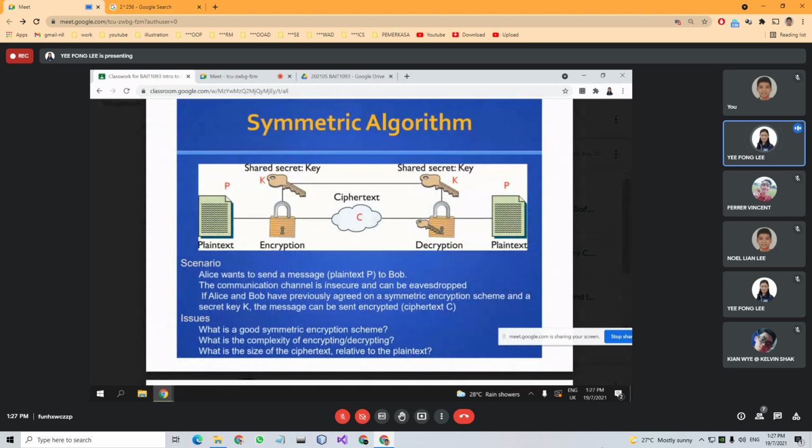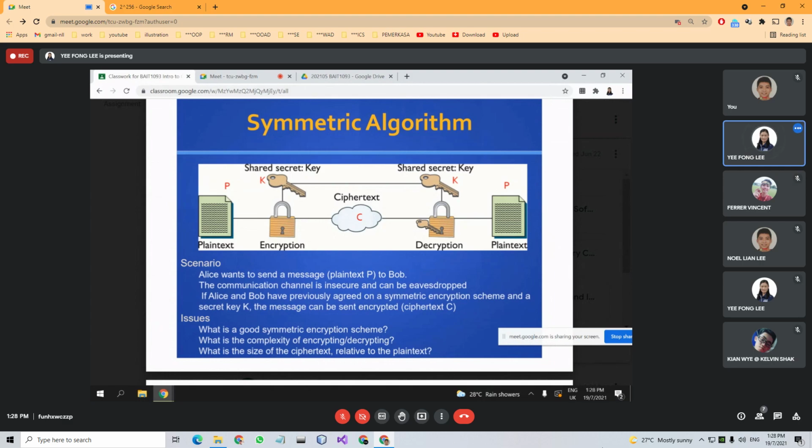Now, symmetric algorithm, again, you look at the diagram given here. The most commonly used symmetric encryption algorithm, if you remember, just now we had block cipher and stream cipher, is the block cipher.